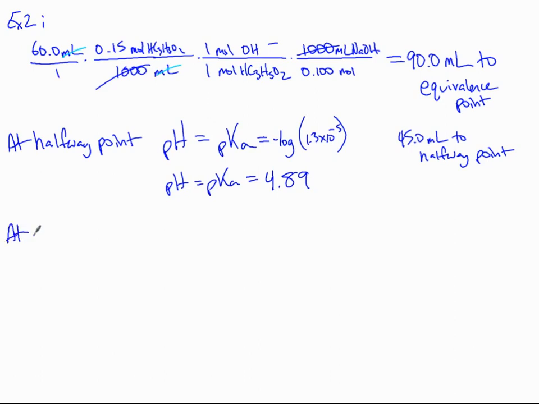Let's write down something else. At the equivalence point, what do we have in this solution? Do we have any propanoic acid left? No, it's all reacted. Do we have any hydroxide left? No, it's all reacted. Okay. Do we have any propanoate left?